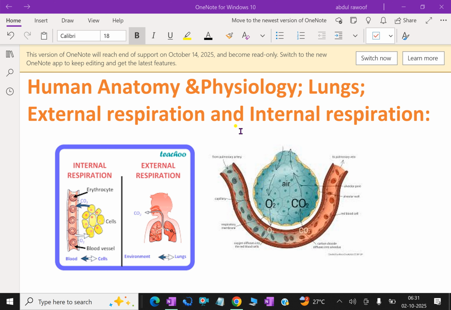Next, internal respiration. This is the exchange of gases by diffusion between blood in the capillaries and the body cells. Gas exchange does not occur across the walls of the arteries carrying blood from the heart to the tissues because their walls are too thick. PO2, the partial pressure of oxygen of blood arriving at the capillary bed, is therefore the same as that of blood leaving the lungs.